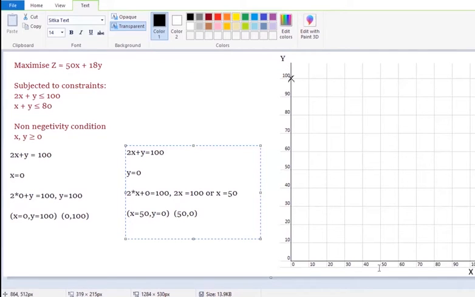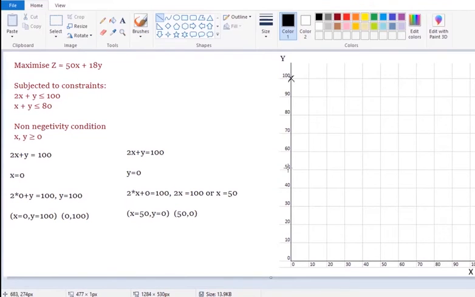So 50, 0 is x-axis 50. So x-axis 50 is here. And y-axis 0 is here. Y equal to 0 means it is the x-axis. We have got here x is equal to 50. X is equal to 50 means here.